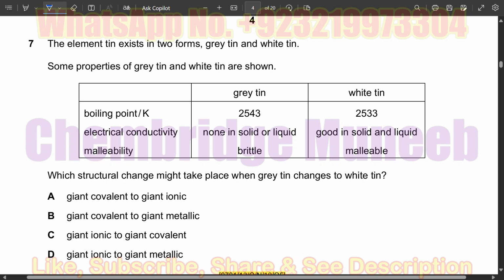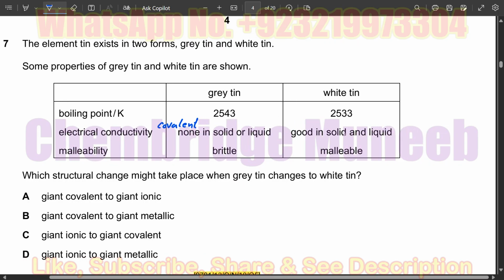But the thing which can differentiate them is the electrical conductivity. Gray tin is basically a covalent structure since it cannot conduct electricity in solid or liquid.